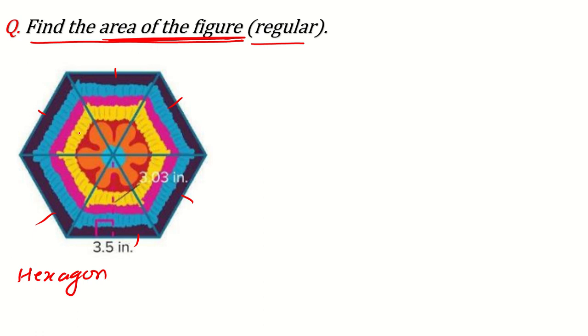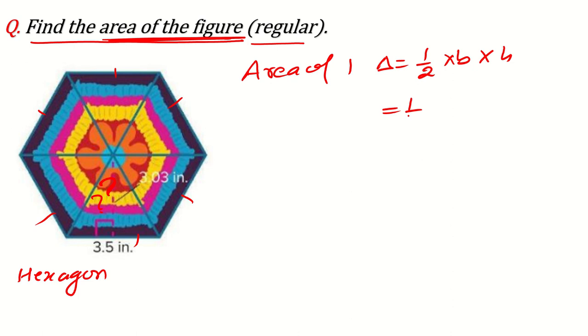Now you can see this picture is divided into various triangles. So if we can find the area of one triangle, this one, and then we multiply it by 6. So the area of one triangle will be equal to half times base times height, means half times 3.5 times 3.03.